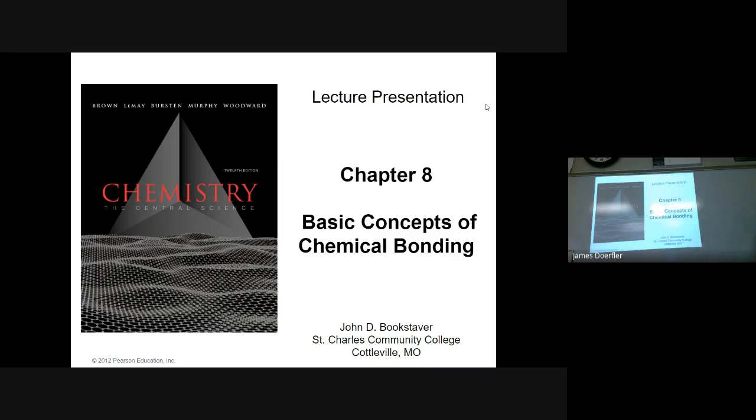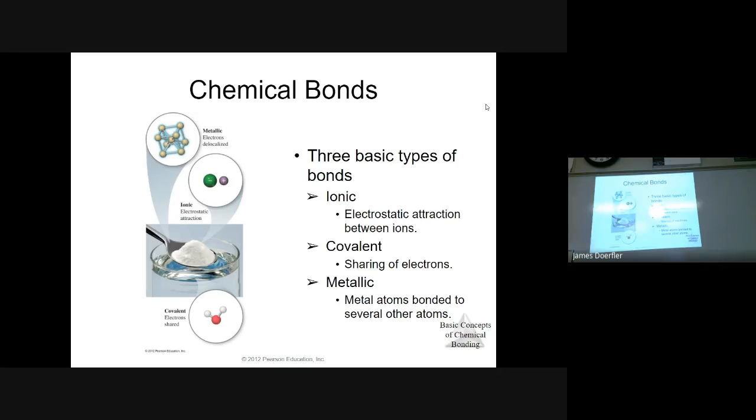So again, chapter 8, we are looking at the basics of chemical bonding. There are three types of bonding that we're going to discuss in this chapter. The first one is ionic, okay? That is where we use the electrostatic attraction between ions. Again, that is not a new concept to us. Looking at covalent, the sharing of electrons.